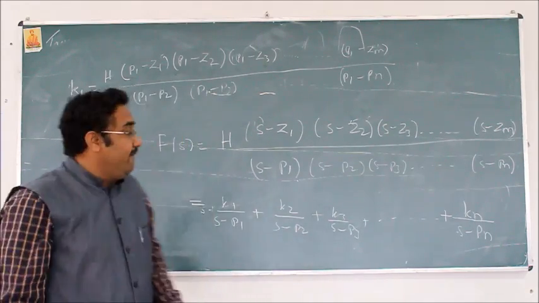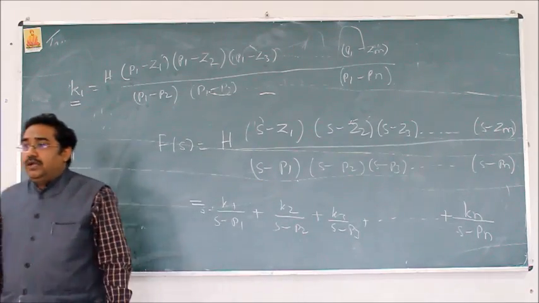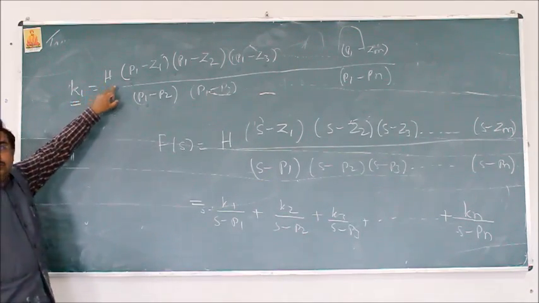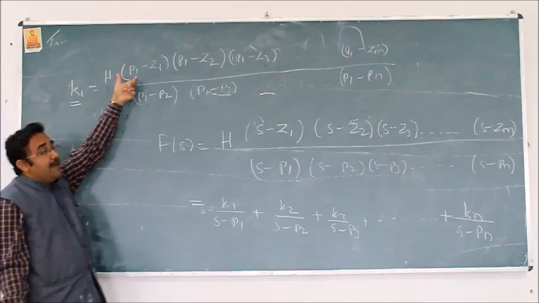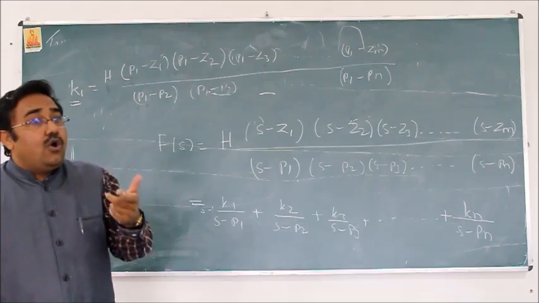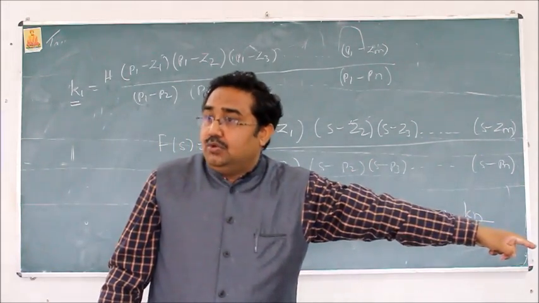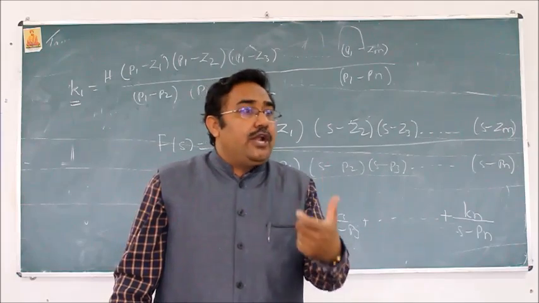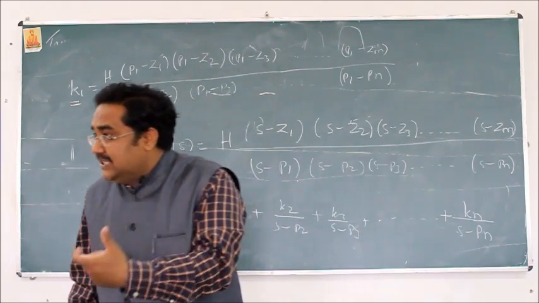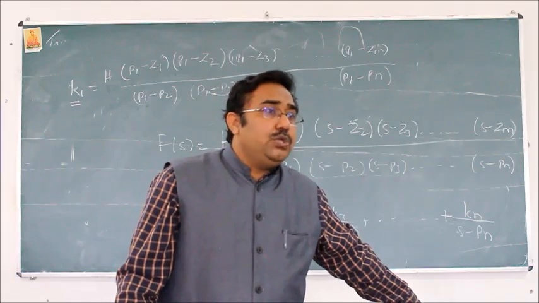Yes. Similarly, if I ask how to find K2: K2 will be equal to the scale factor H multiplied by the product of the phasors of all the zeros drawn up to P2, divided by the product of the phasors of all the poles drawn up to P2.